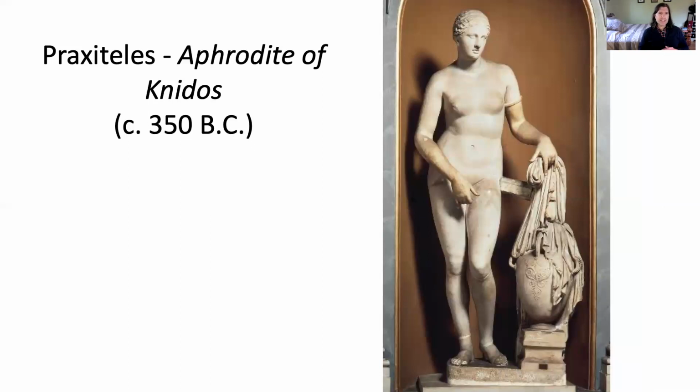Finally, we have Praxiteles' Aphrodite of Cnidus. Notice that eventually, by the end of the classical period, the Greeks have gotten around to depicting the naked female form as well. There's an interval between the time when they start depicting the male form and the female form, but it eventually happens.